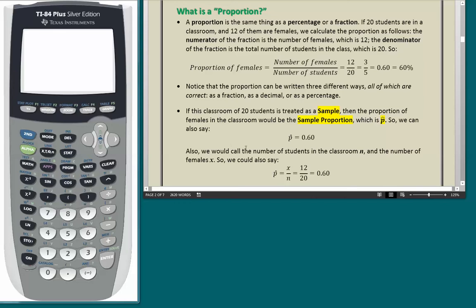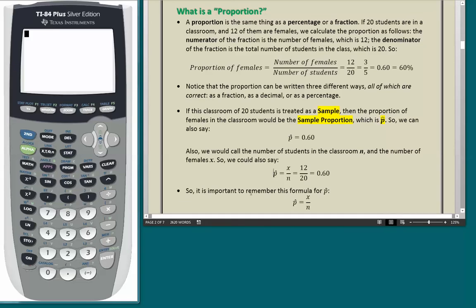Also, we would call the number of students in the classroom n and the number of females x. So we could also say p hat equals x over n. And in this case, that's 12 over 20. That's 0.6.